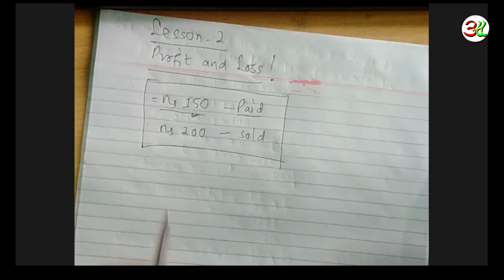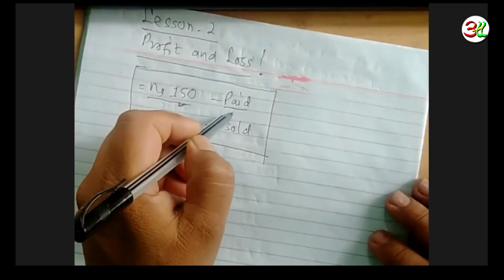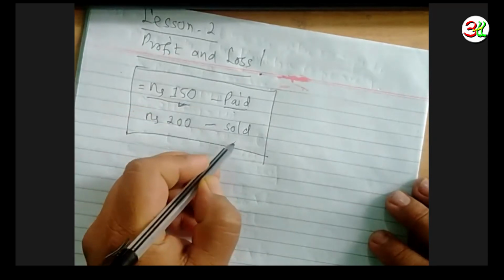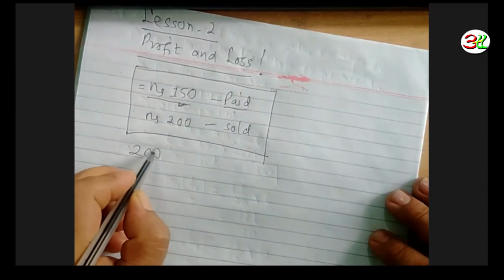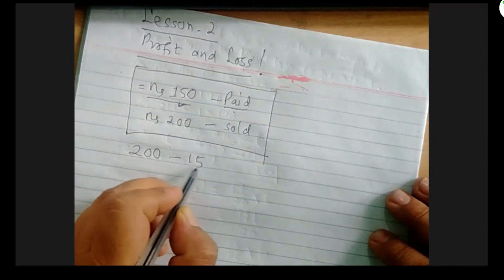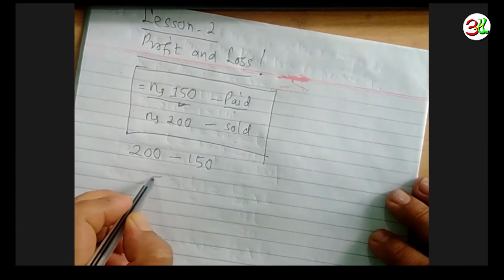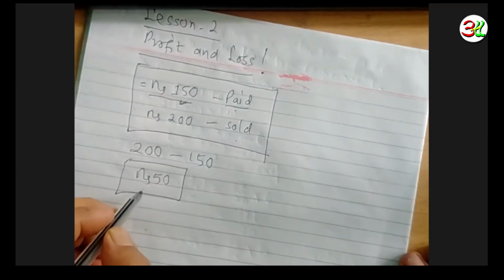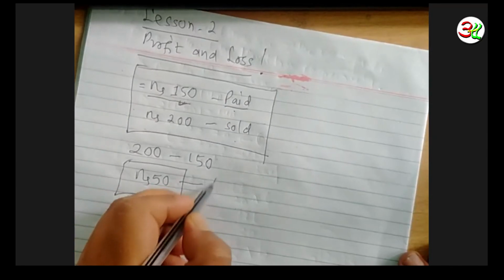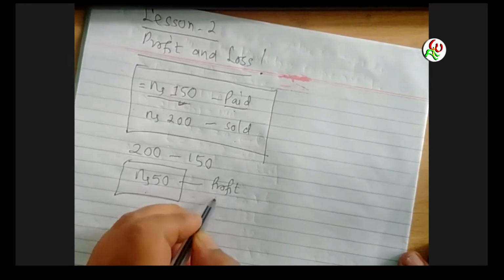Look here. You have paid 150 rupees, and you got 200 rupees. So rupees 50 is the extra amount that you got from Razal. And you told me that this is profit.